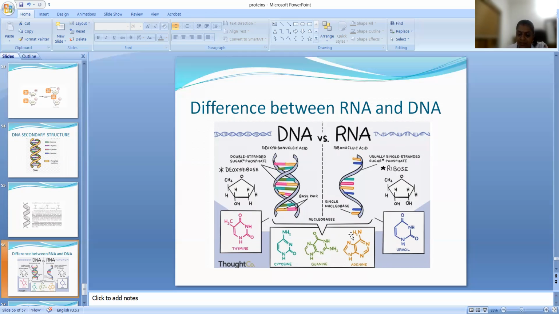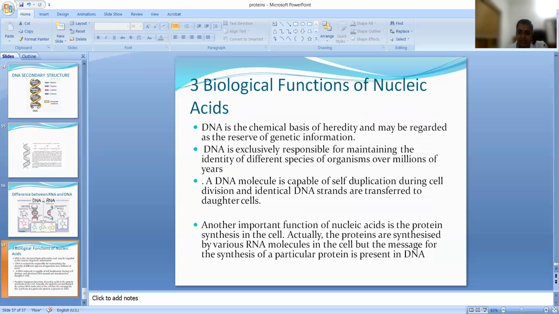Cytosine, guanine, and adenine are present in both of them. But among these two, thymine is only present in DNA, and uracil is present in RNA. So that is the difference.